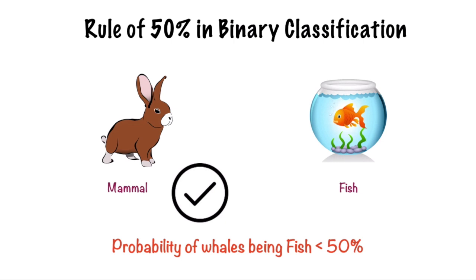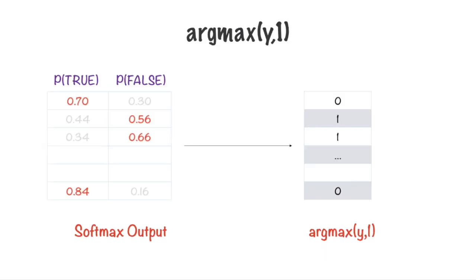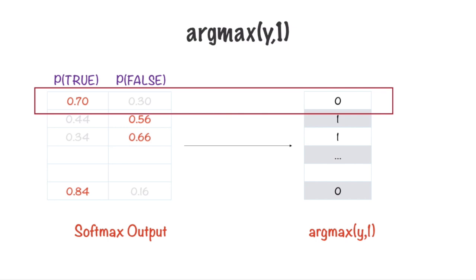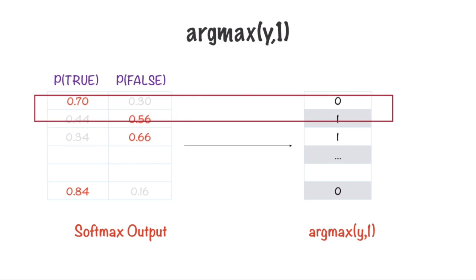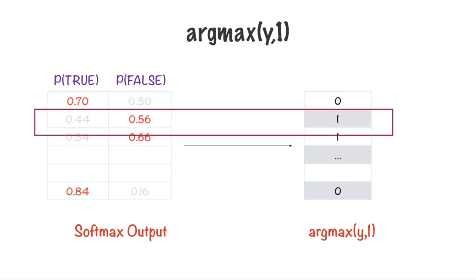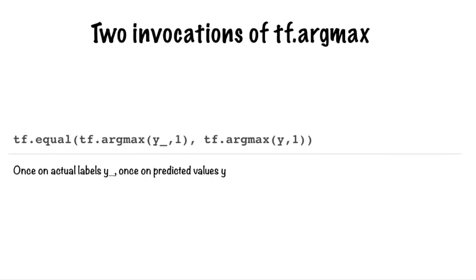The same rule of 50% can be applied to our binary logistic regression problem as well. Let's say the probability of Google stock being up, or probability of true, is 0.7. That is above 50%. The output of argmax in that case will be index 0. If the probability of false, Google stock was down, is 0.56, that's above 50%, the output of our argmax will be index 1.